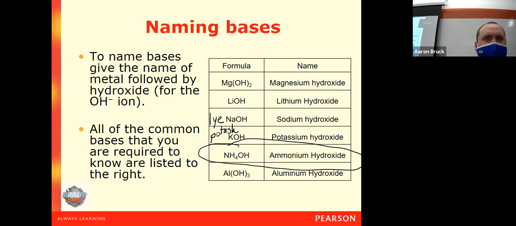Potassium hydroxide has another common synonym. It's called potash. And we'll get to some other common uses in a bit, but these 6 are the ones that we really need to know.